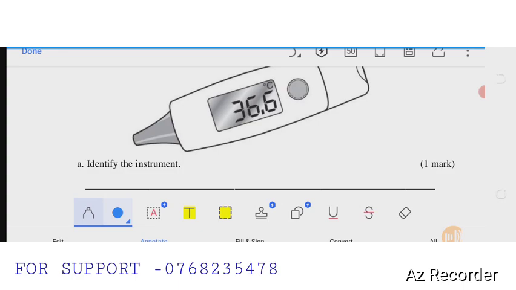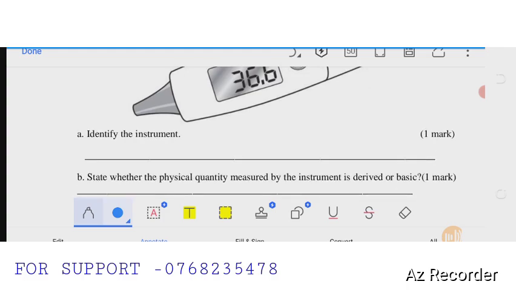Because the unit is 6.6 degrees Celsius, which is a unit for temperature, automatically the instrument becomes a thermometer. So you can just write there, thermometer, like that, and thank you.